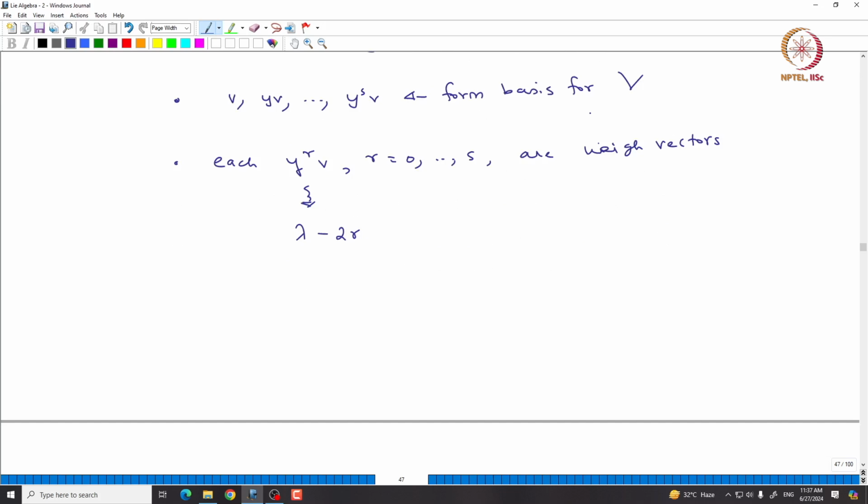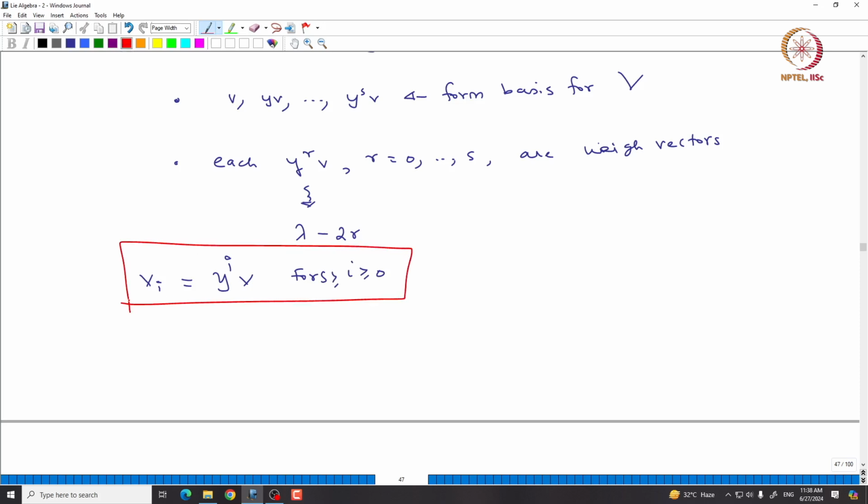Okay. So, now here is the very important observation. In particular, if you set v i to be y i power v, for i greater than or equal to 0, and less than or equal to s, then we have the following formulas.